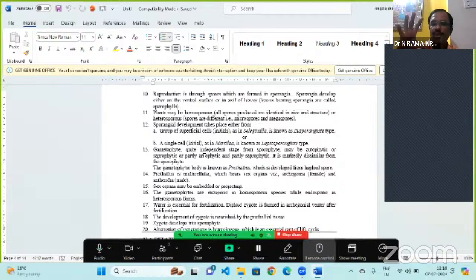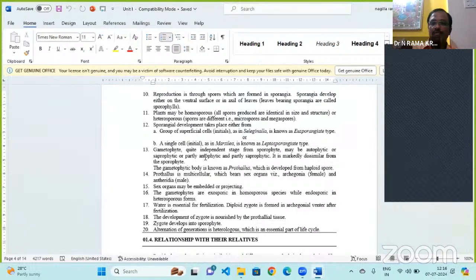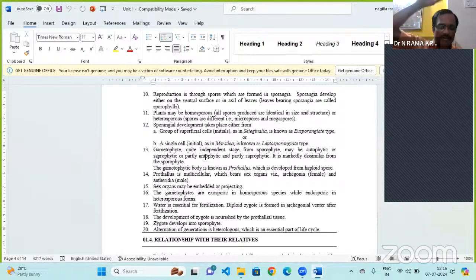The sporophytic plant body produces spores, and the spores germinate into the gametophytic stage. So the gametophyte comes from the spores. That is why the spores represent the first cells of the gametophytic stage.